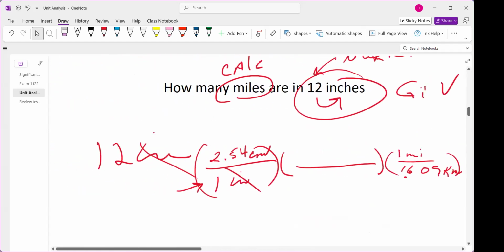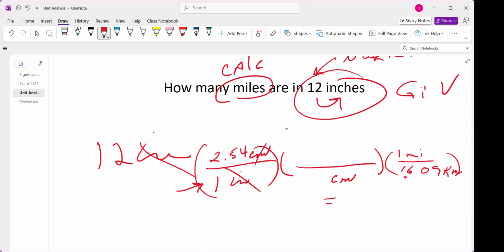All right. Now there's something missing here. What's missing? Right. We need to somehow use conversion factors to go from centimeters to kilometers. So what do we know centimeter wise to get to kilometers?